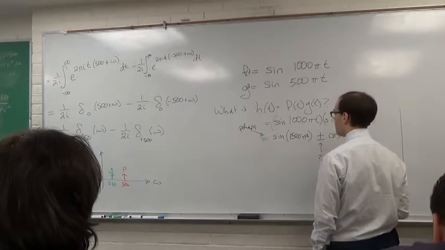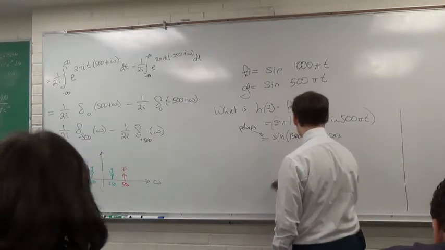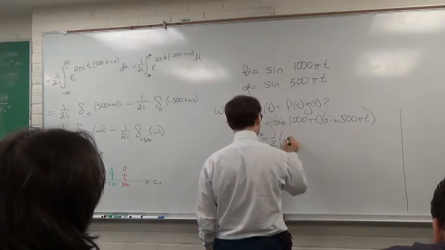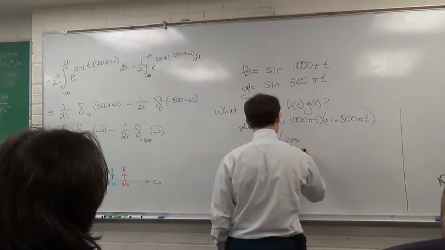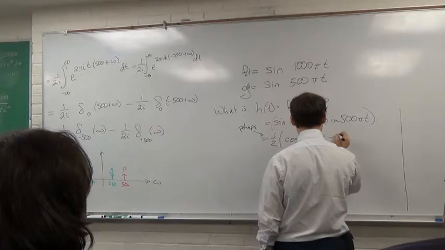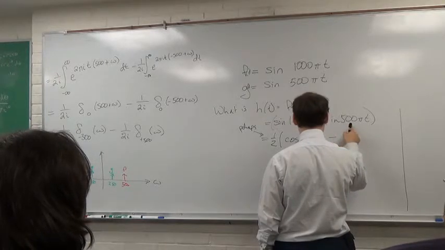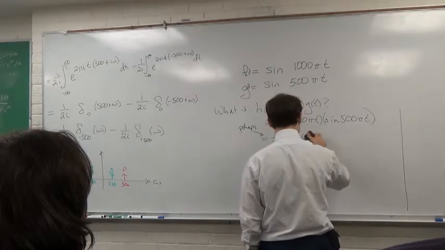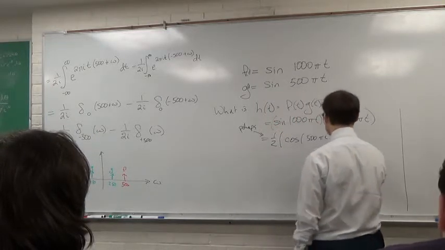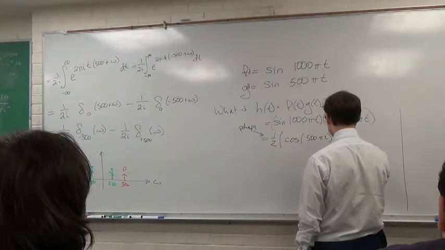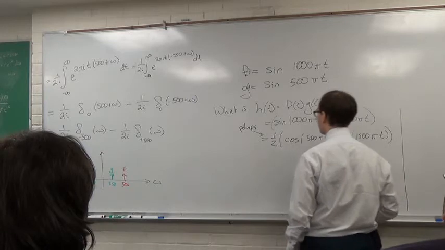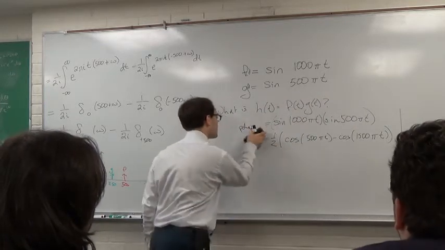And there's a cosine, right? No, cosine, I got it. Read it off. 1/2 times open parentheses, cosine of 1000 pi t minus 500 pi t. Yeah, sorry, 500 pi t. And then close that, minus cosine, and then you add the two angles. Perfect, thank you. So this is actually equal.